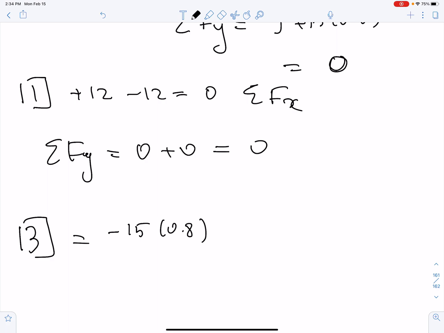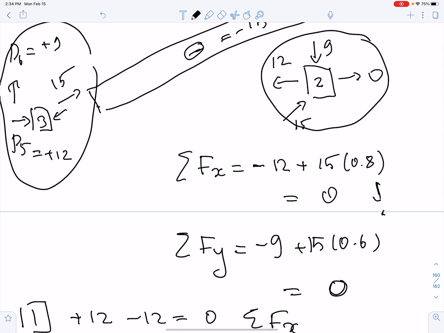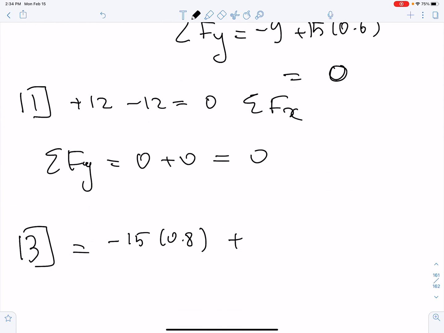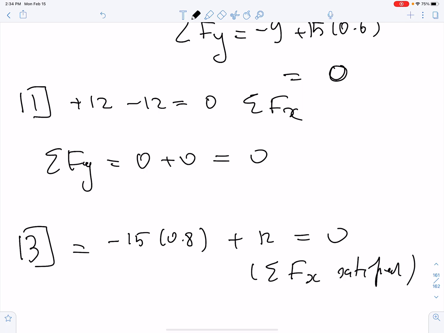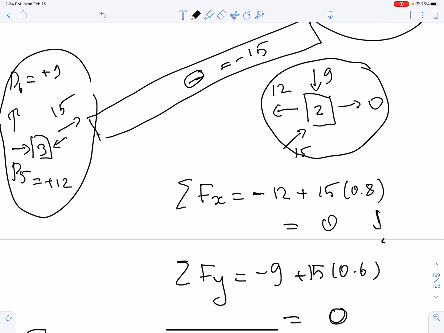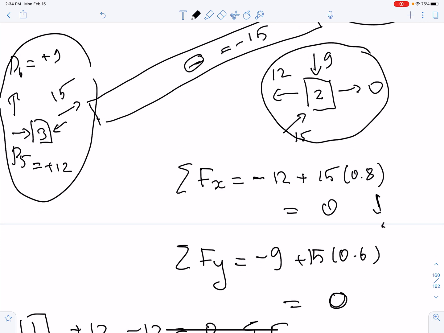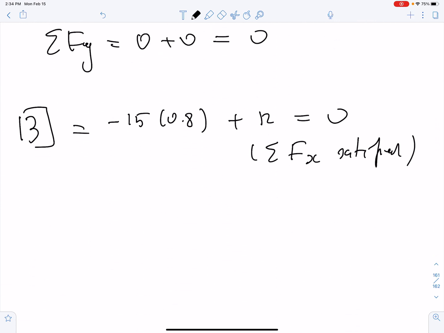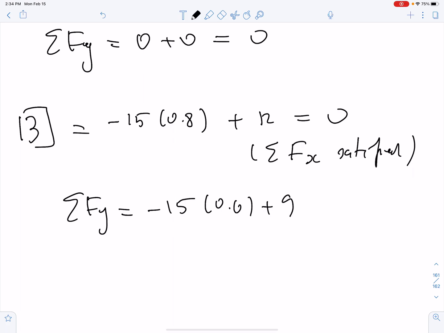This is coming from the structural member, plus what the structural analysis procedure produced for us, P5, which is 12, equals 0, right? So then sum Fx is satisfied. Okay. And then in the vertical direction, okay, sum Fy equals minus 15 times 0.6 plus 9 also equals 0.